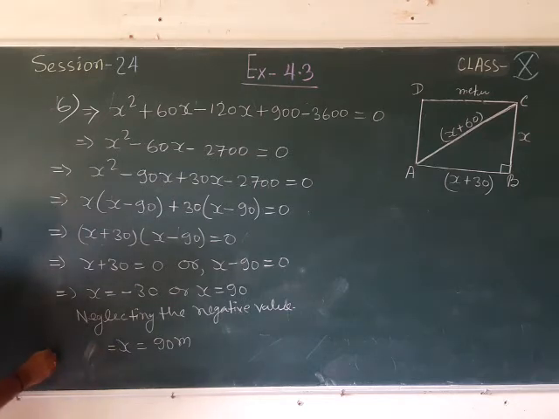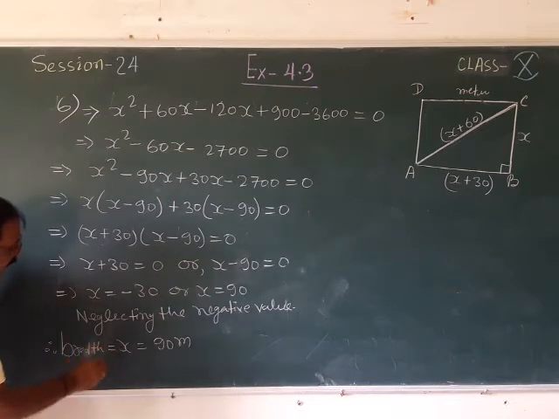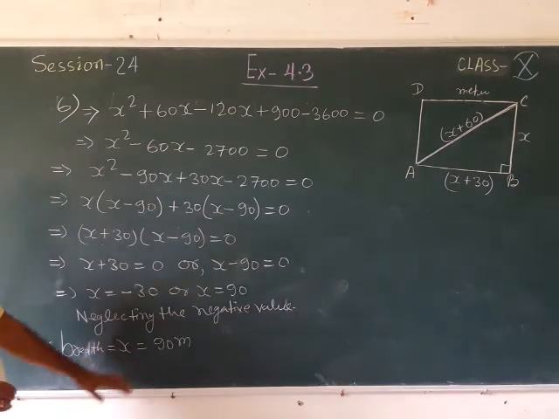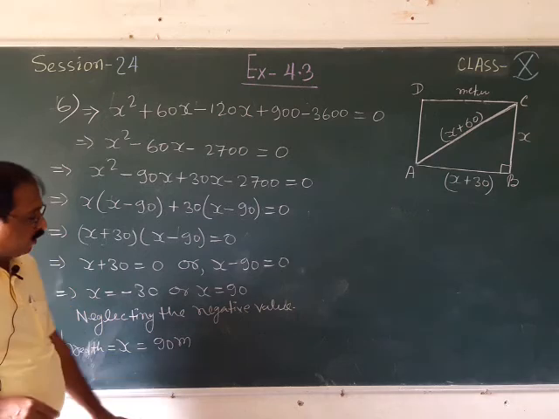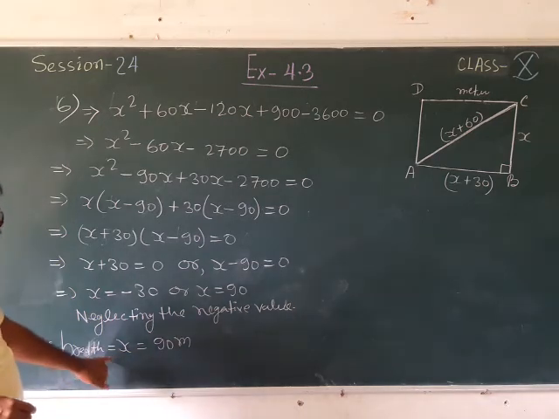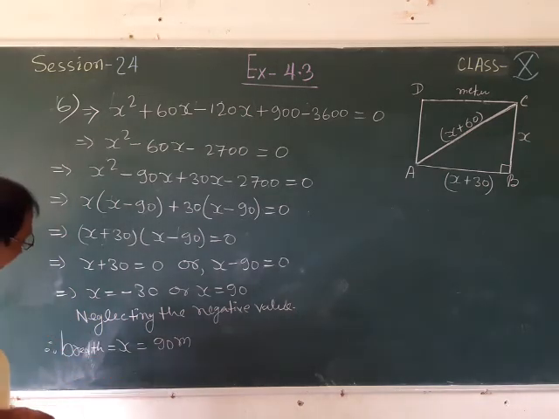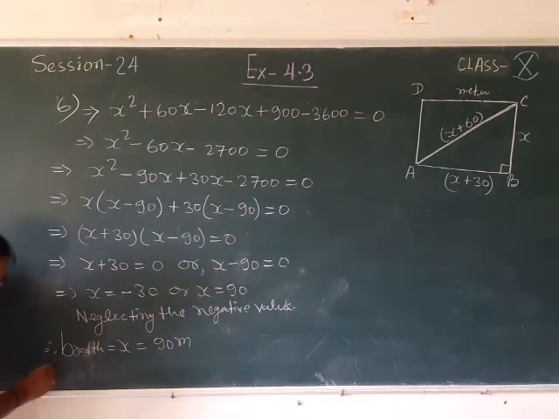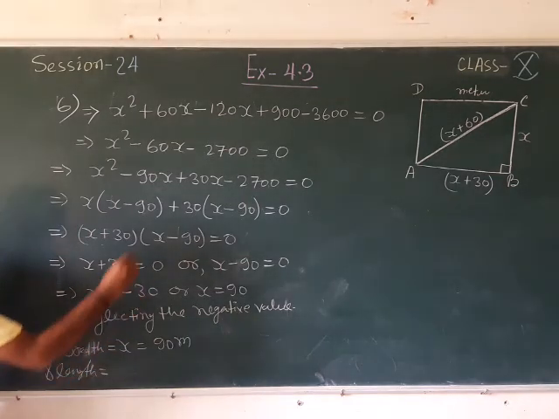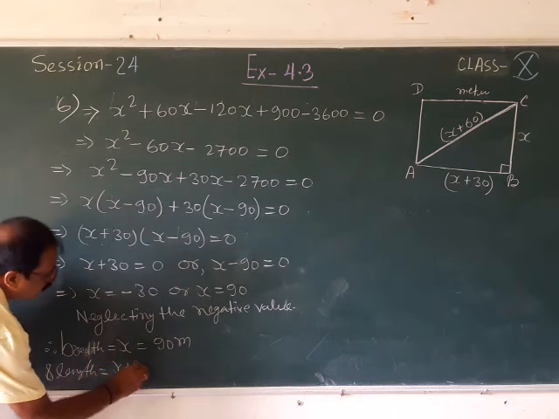As you know, x is the breadth of that field and that is also the shorter side, that means the smaller side of the field. So, breadth equals x, that is equal to 90 meter, and length is given as x plus 30.